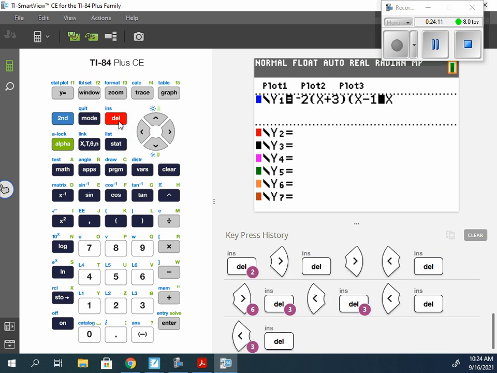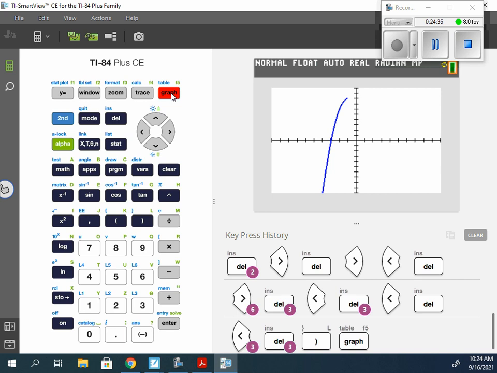I forgot I left all that on there, but we can do that. Sometimes if you have stuff after it, you can hit clear once, and it won't clear everything. It'll just clear everything after that. But you need to be careful because sometimes it will clear the whole thing. But we get this function typed in, and we can go on and hit graph.